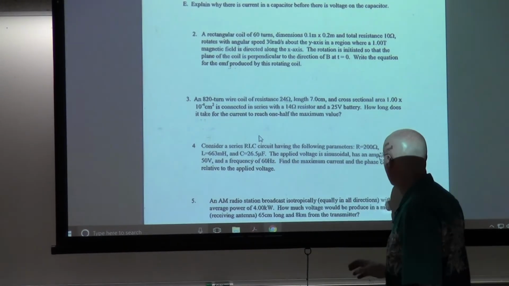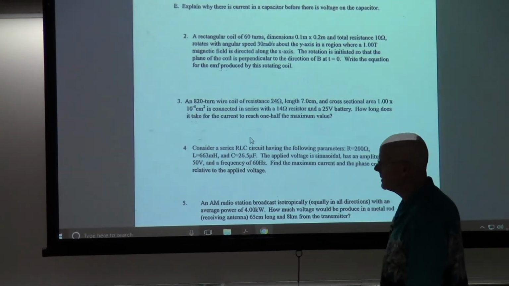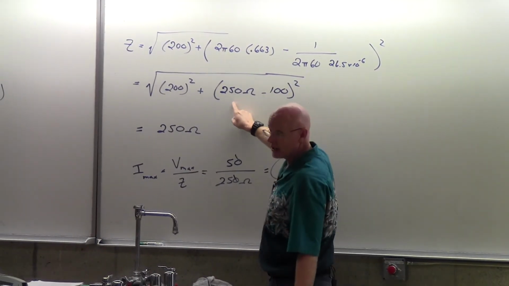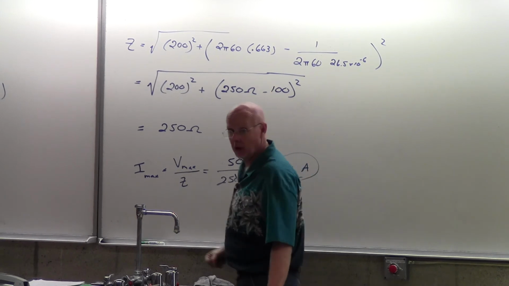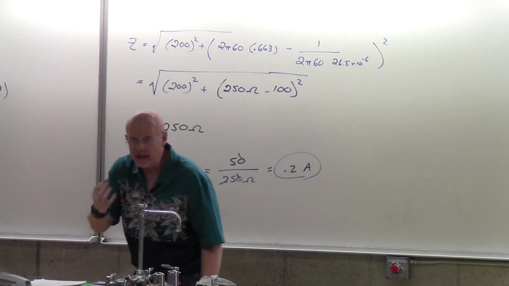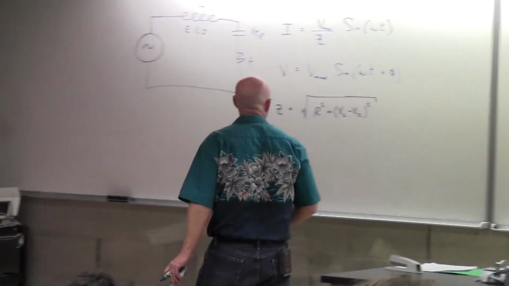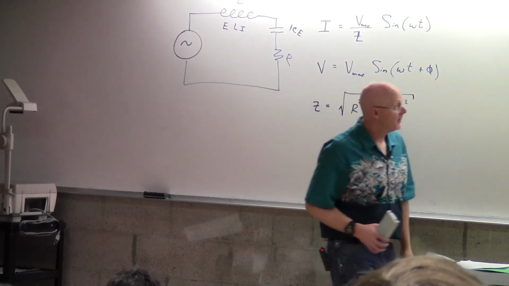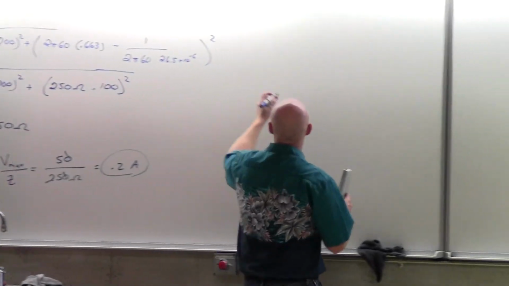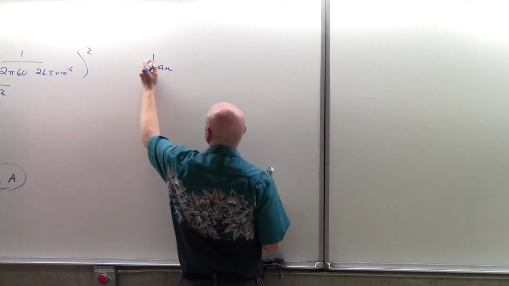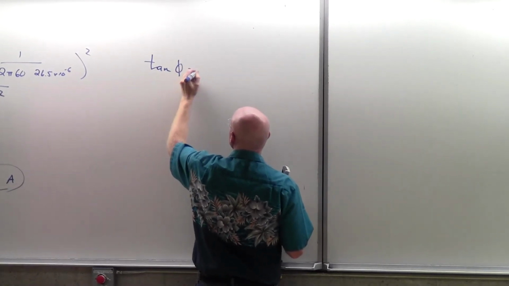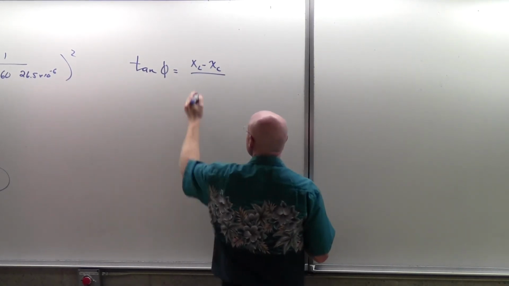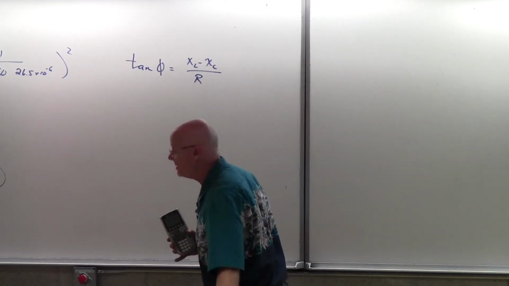Find the maximum current. But then it says, and also the phase. Now, I just noticed that I have more reactance from the inductor than the capacitor. So this is more of an ELI effect than an ICE effect, which tells me this ought to be a positive number. The last part of our phasor diagram was to say tangent of the phase is equal to the difference of the reactances over the resistance.